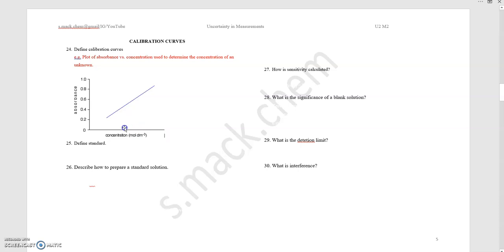Now, how is a calibration curve plotted? Where were the plot points obtained to draw this linear relationship between absorbance and concentration?